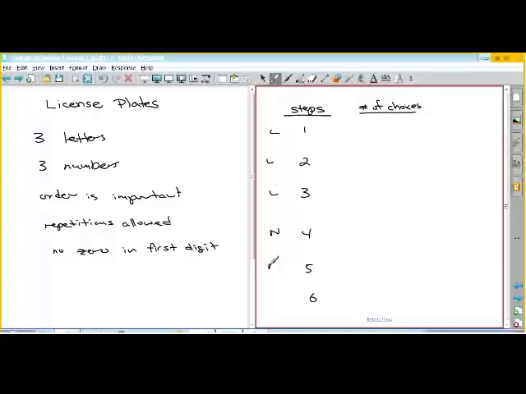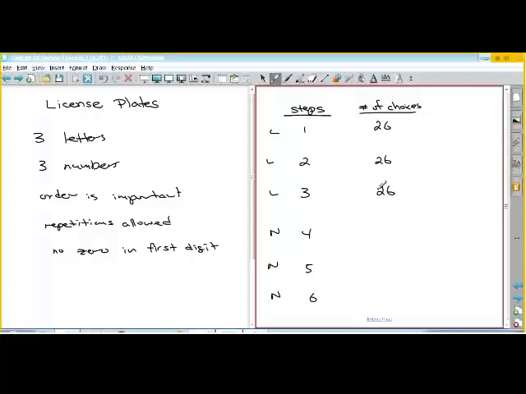So this is letter, letter, letter, number, number, number. So I'm going to let any letter be the first one. I'm going to let any letter be the second one, any letter be the third one. So that's what happens when repetitions are allowed. You can use it over again.